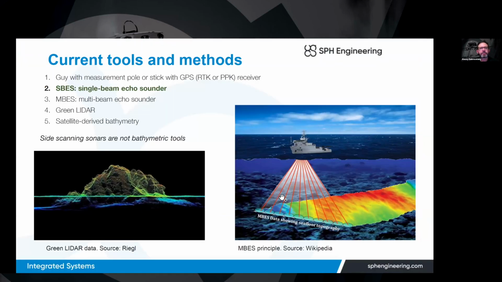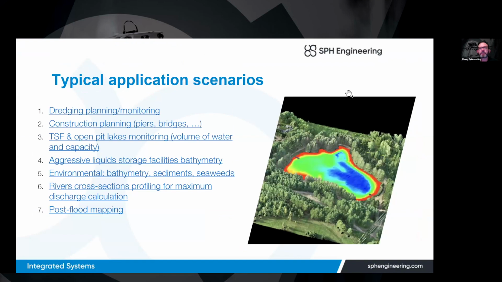So, next. Technically, an echo sounder in every application will measure the same, but there are many quite typical application scenarios for echo sounders. First of all, it's dredging planning and monitoring.